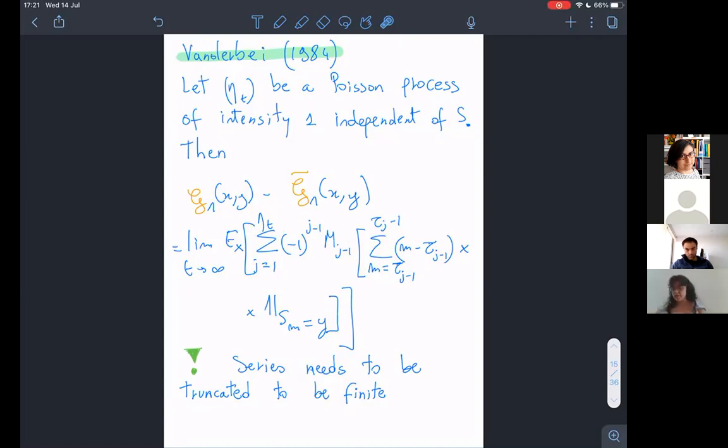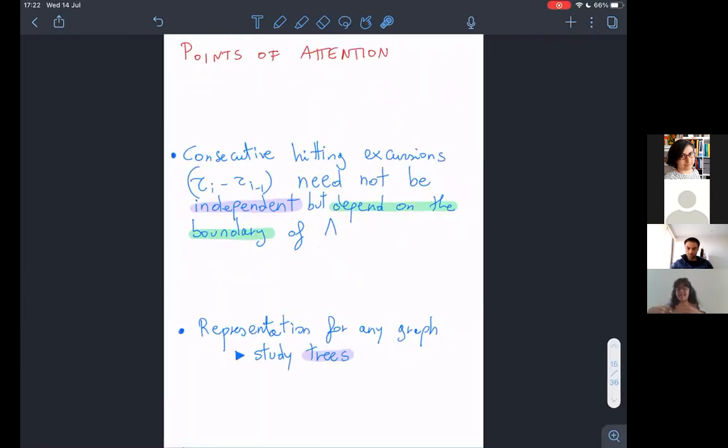So this representation, I hope you agree with me, is more complicated than that of the DGFF, and has some disadvantages.